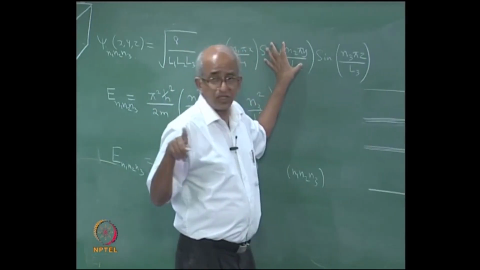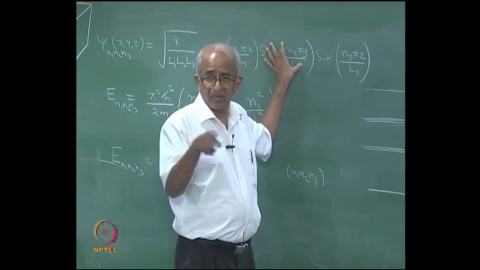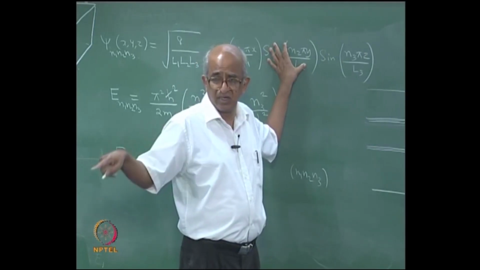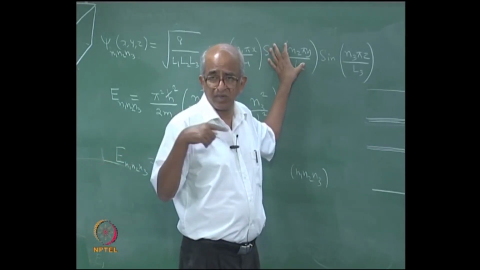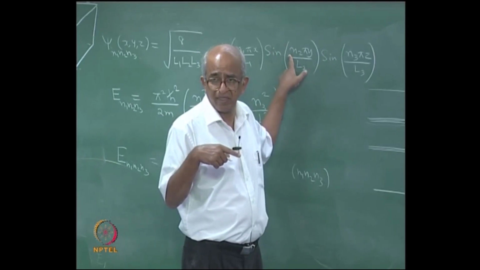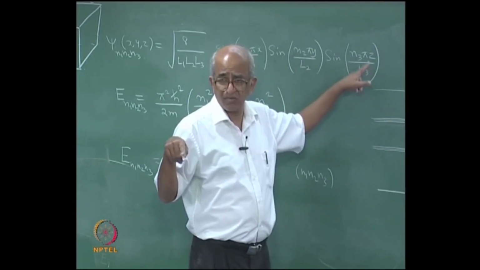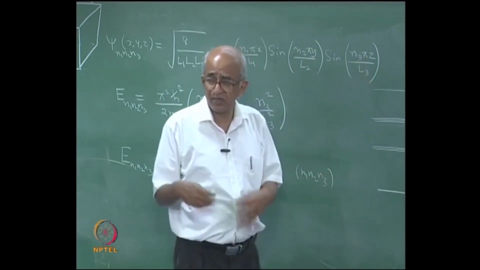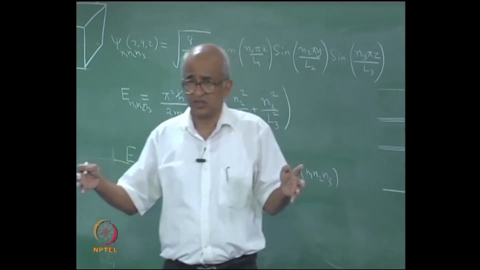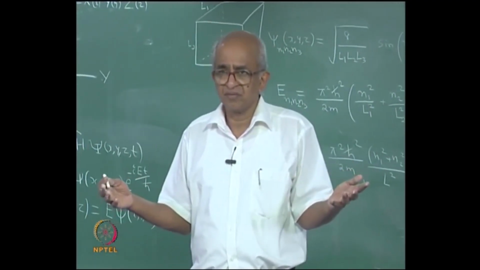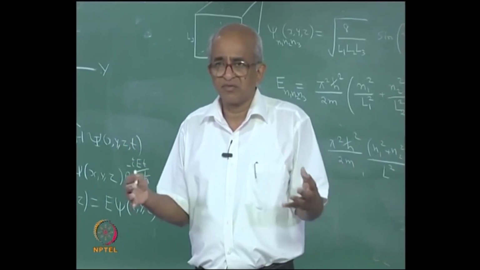Similarly, for the other directions, it will be 0 at the two ends and its maximum value will be at the middle, at L1 by 2, and this one will have its maximum value at L3 by 2. So if you think of the product of all this, where will it have its maximum value? Right at the center of the box.